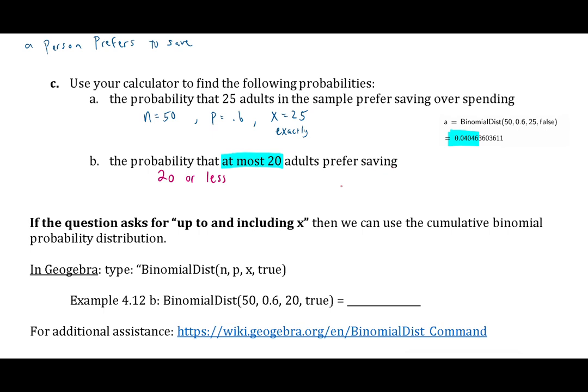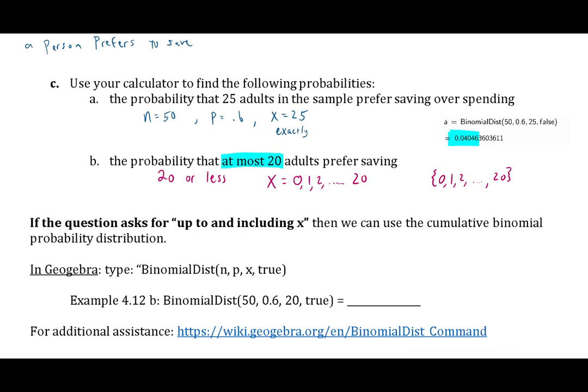That would mean that X is all of the values from 0, 1, 2, up to and including 20. That's a lot of numbers to type out. Technically, we could use the curly brackets or the set brackets and enter in all the values from 0 to 20 with commas separating them. That could work for us.